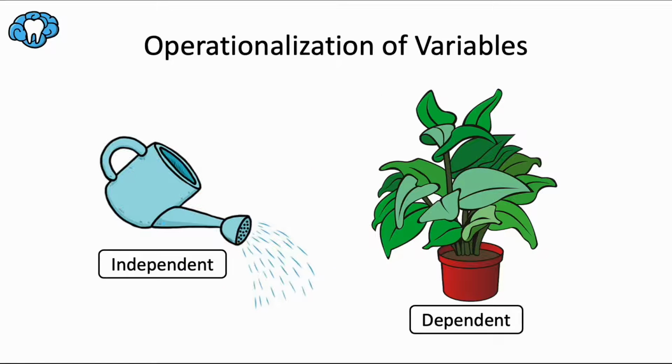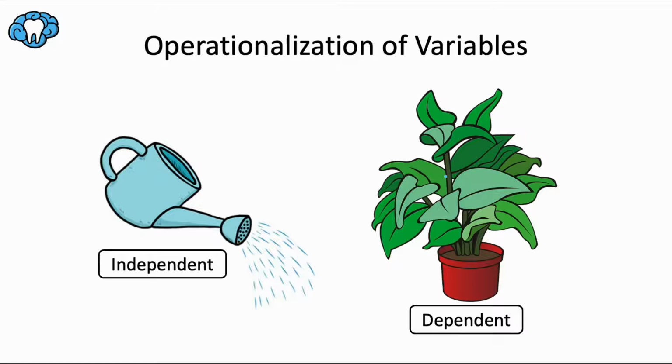In this image, if we wanted to know how watering a plant impacts its growth potential, the frequency at which we water the plants would be our independent variable. Maybe we water some plants multiple times per day, we water some plants once a day, and we choose some plants not to water at all. In the dental context, this could be, say, application of fluoride varnish or the use of an antibiotic.